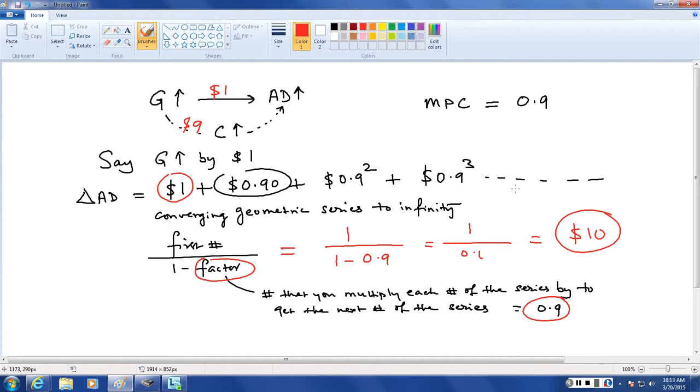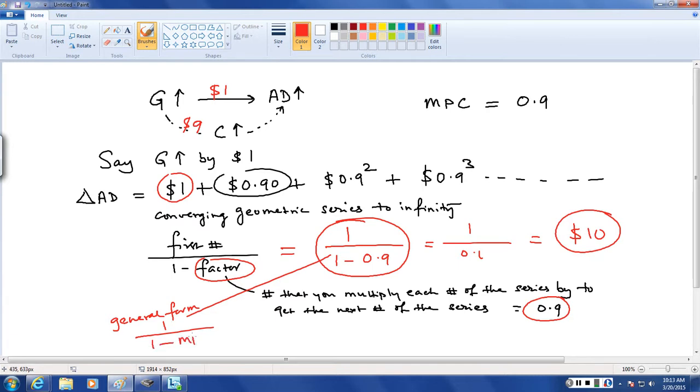Now this fraction here, what is the more general form for it? The general form, of course, would be 1 divided by 1 minus the MPC.